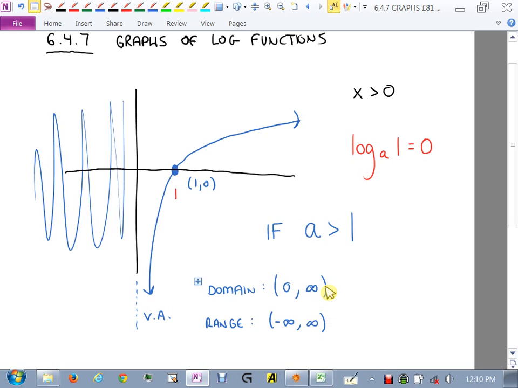Now, if you make the a negative number, I'll do this one in red so you can see it. If a is between 0 and 1, the only difference you have is that your graph, you still have vertical asymptote, but it does this instead.